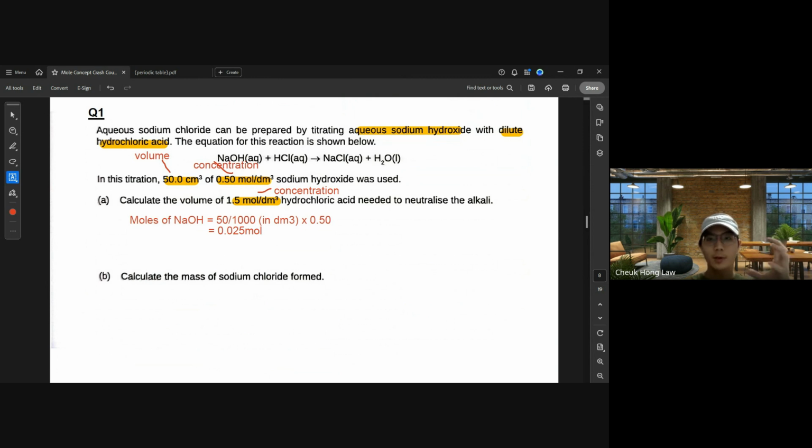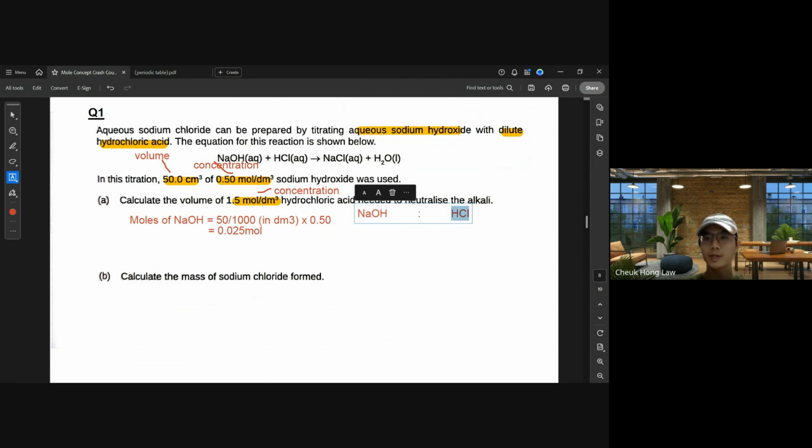So what do we compare in this case? We compare NaOH with hydrochloric acid. How do I know which two things to compare? First, you want to use the substance where you found the number of moles. I found the number of moles of sodium hydroxide, so I'm definitely going to use it to compare mole ratio.